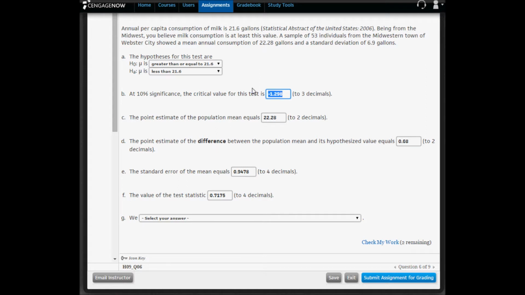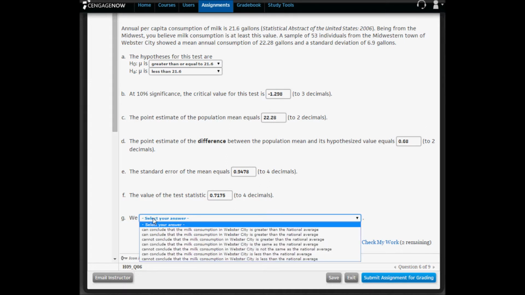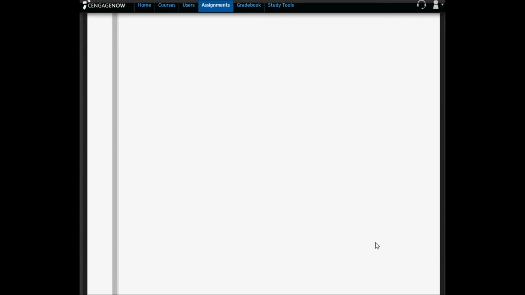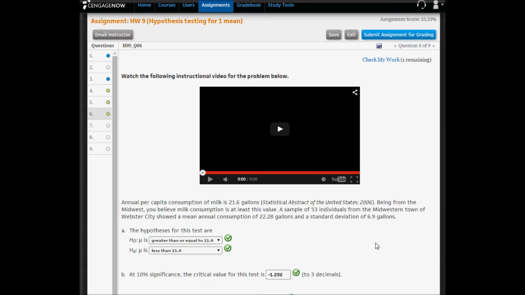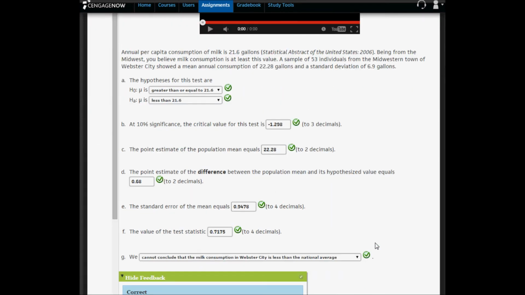So we cannot reject the null, which means we cannot say the alternative is true. We cannot conclude that milk consumption in Webster City is less than the national average. We check our work and we should get all green check marks, which we do.